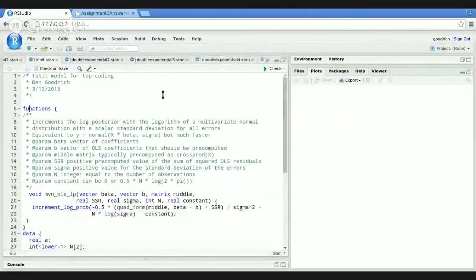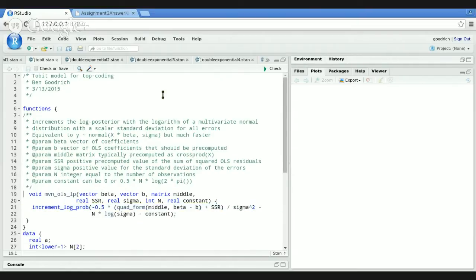So here in the functions block, we have the function that I just referred to in order to calculate the likelihood. It takes in a coefficient vector beta, the least squares coefficient vector B, X transpose X as its middle matrix, the sum of squared residuals implied by the OLS estimates, the standard deviation of the errors that you're estimating, your original sample size, and a not important constant that has to do with the half times the logarithm of 2 pi raised to the power of n over 2, which is just going to be a constant that we actually don't really need to even worry about.